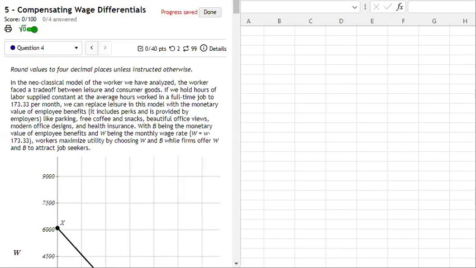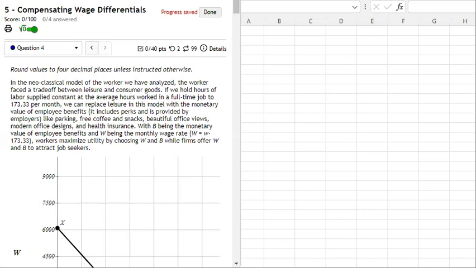In lesson 4 of compensating wage differentials, we're going to adapt the neoclassical model of the worker that we have been analyzing. Instead of modeling the trade-off between leisure and consumer goods, we're going to look at what happens when we assume that workers are working full-time. We're looking at full-time workers only.